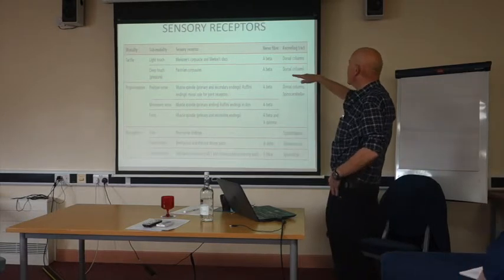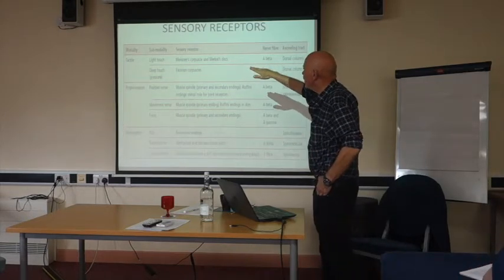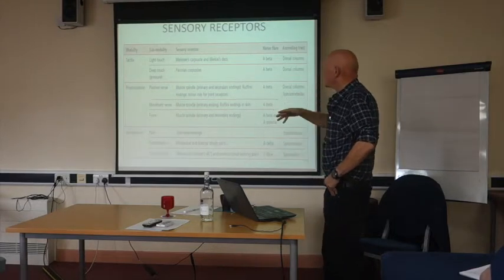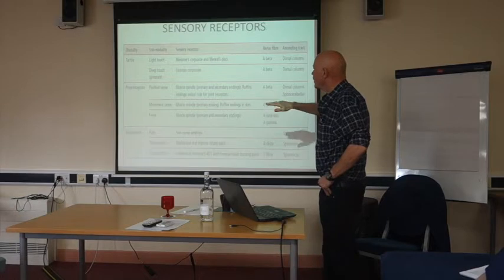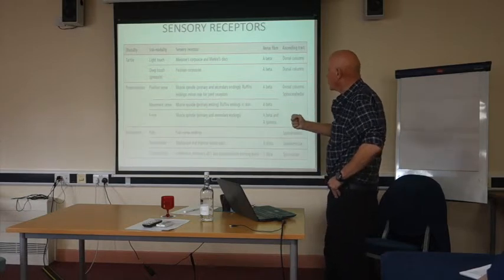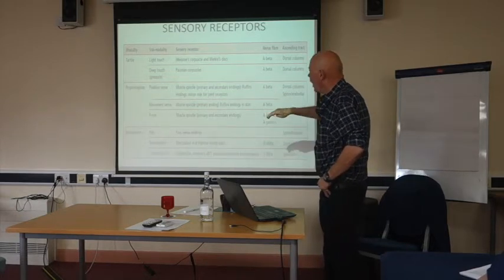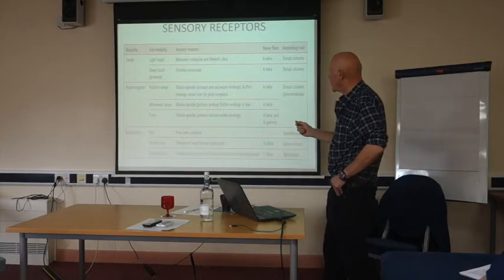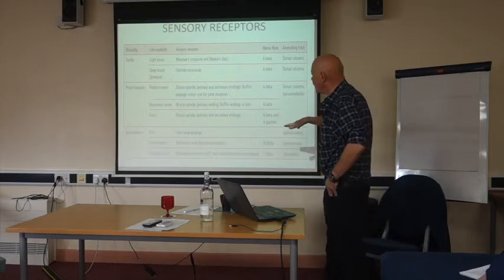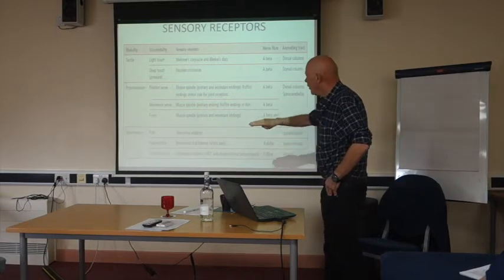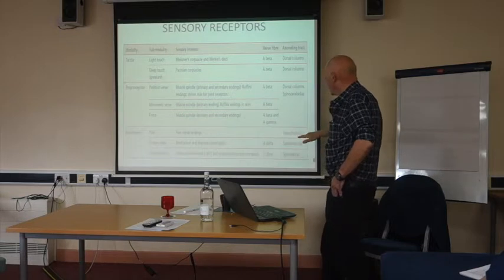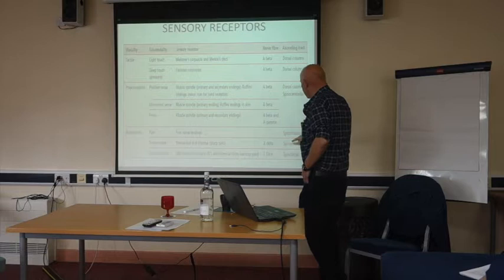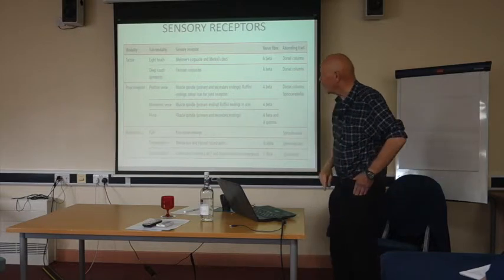So you can distinguish between light touch, deep touch, position sense of whether a joint or a muscle is moving, the amount of force that's being provided, pain in terms of pinprick type thing from free nerve endings, temperature, crude touch, all going up different types of fibres and different pathways to get to where they want to go.